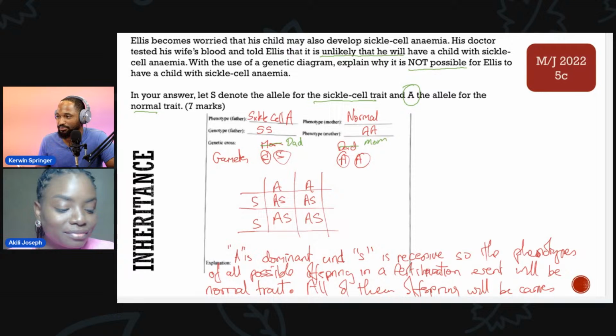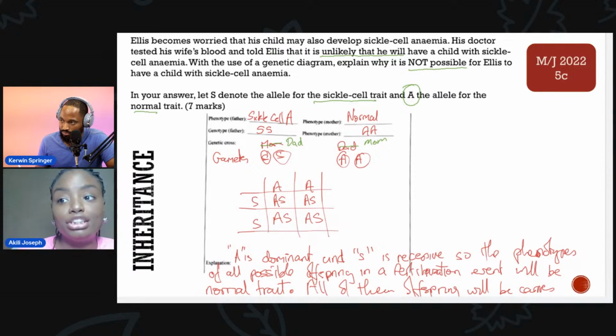Yeah. Very good response. The only thing I would emphasize here is that you have to explain why it is not possible for Ellis to have a child with sickle cell anemia. The clear explanation is that if it's not possible at all, mommy does not have a recessive allele to give.